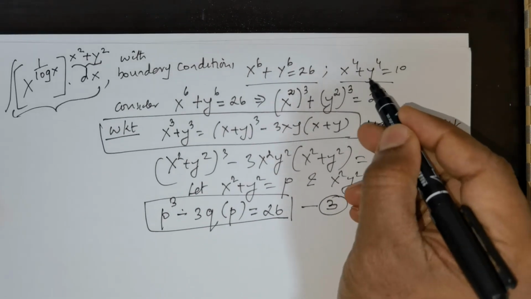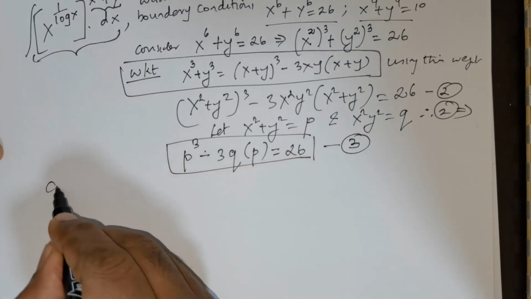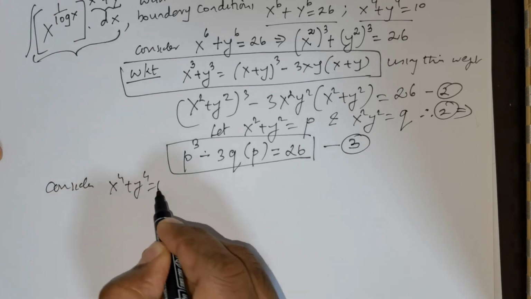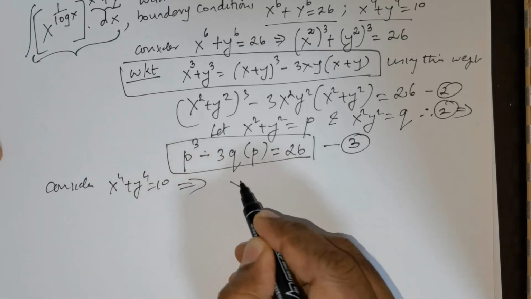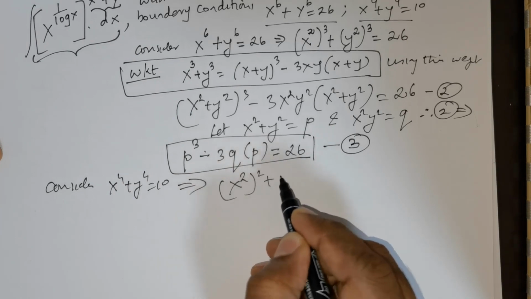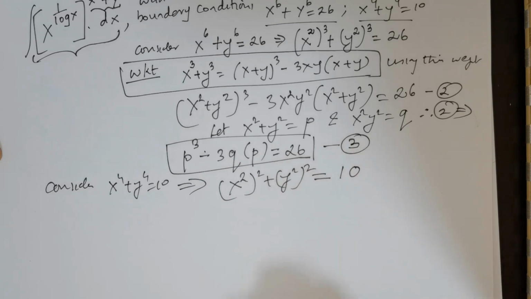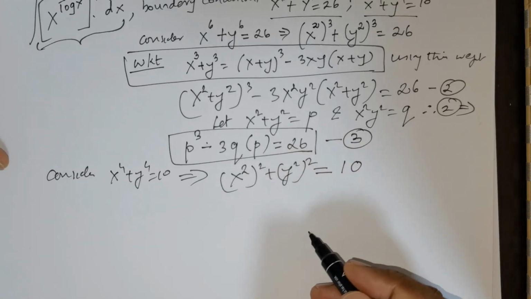Now let me consider the second boundary condition. Let me write that down. Consider x to the power of 4 plus y to the power of 4 is equal to 10. This can be rewritten as x squared raised to the power of 2 plus y squared raised to the power of 2 is equal to 10.